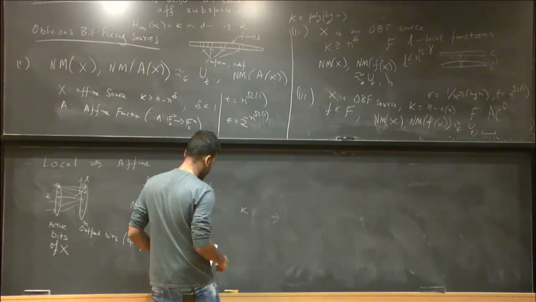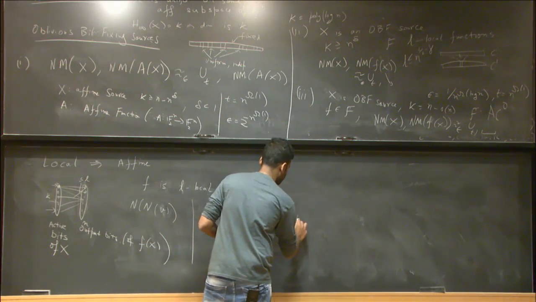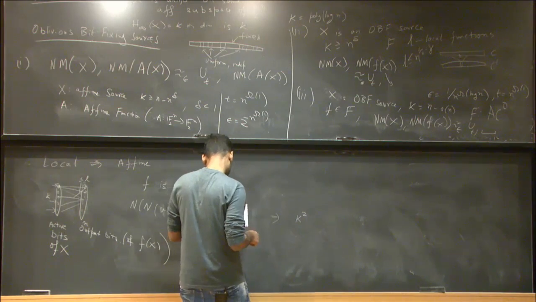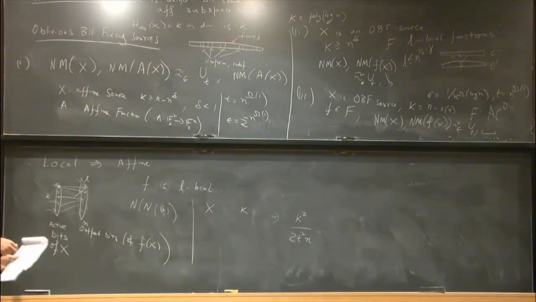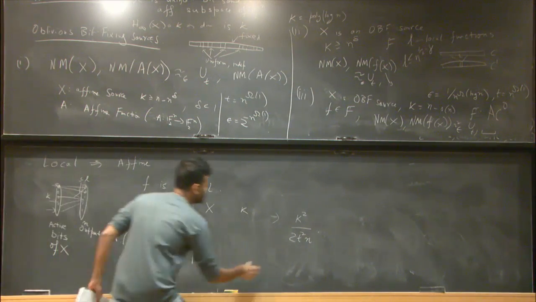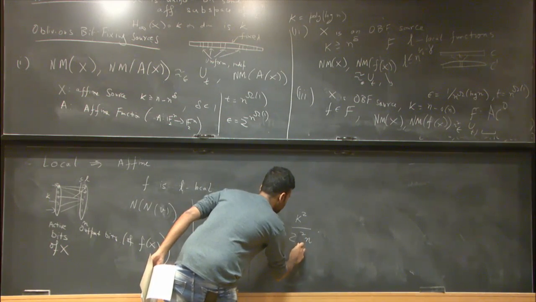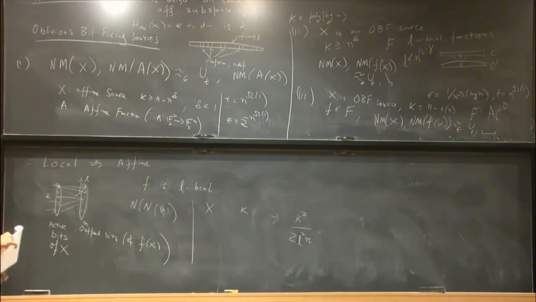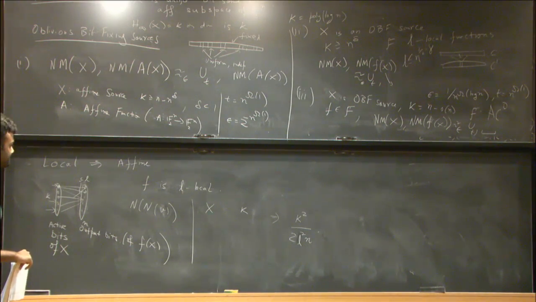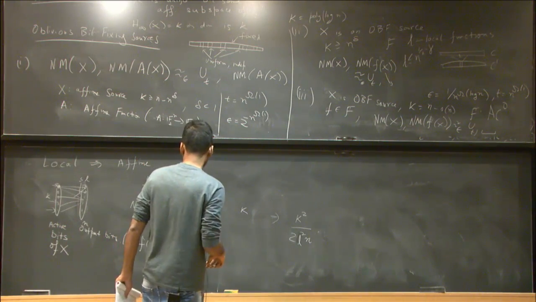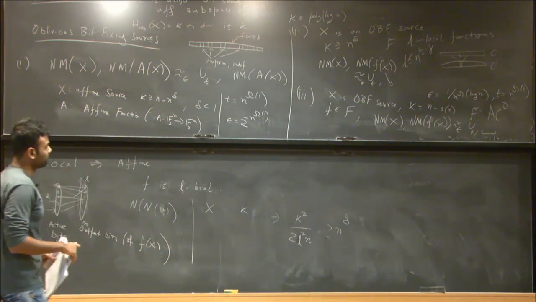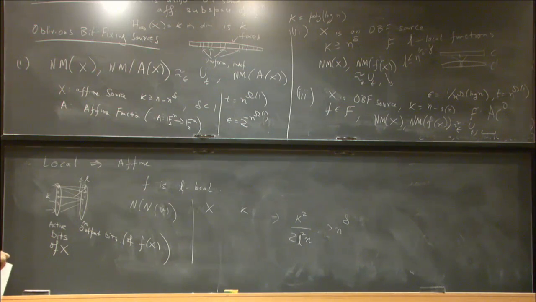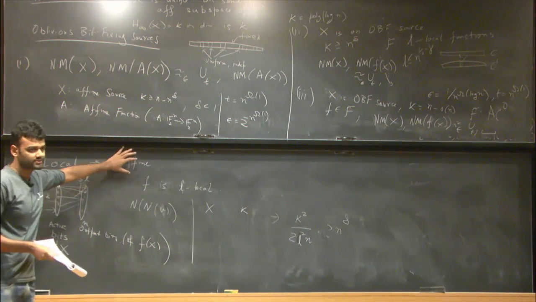So if you do this, then you end up with a source with entropy roughly K over L. Sorry about the variables. You want this to be at least n to the power delta for the reduction to work, because we'll see how to construct extractors for affine sources.